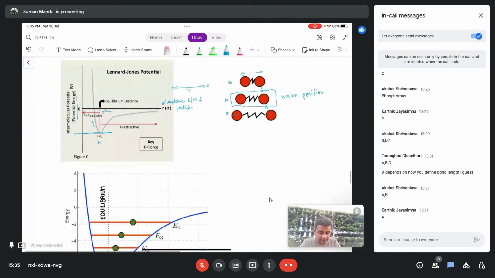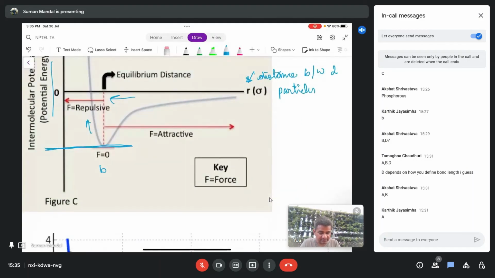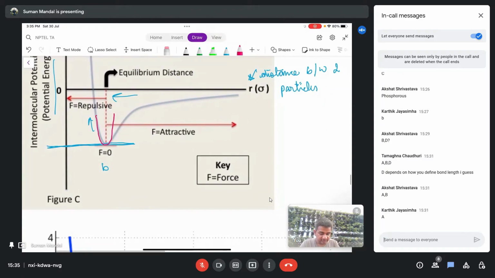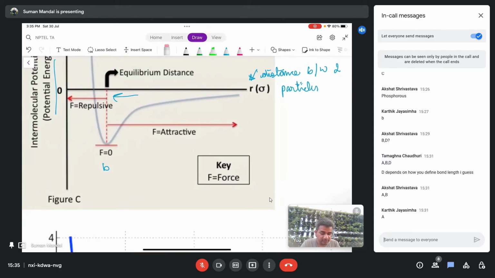And if you see here, it is not exactly a symmetric diagram. A symmetric diagram would have looked something like this, but it's not symmetric. So if you move from this position some distance here and some distance here, in this case the energy will be very high, whereas in this case the system energy will be much lower.